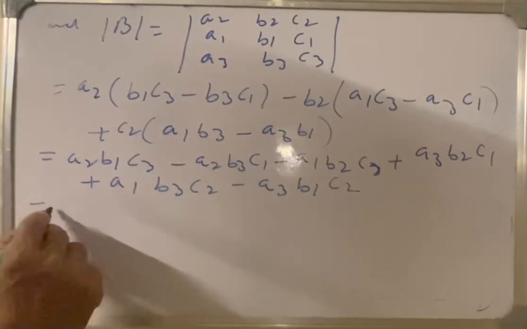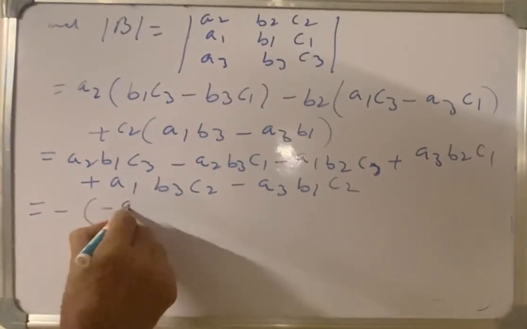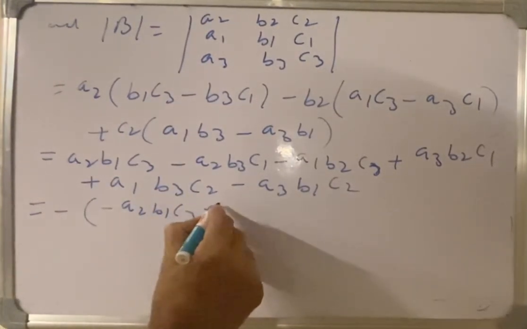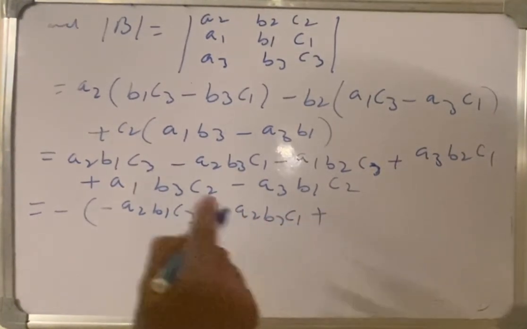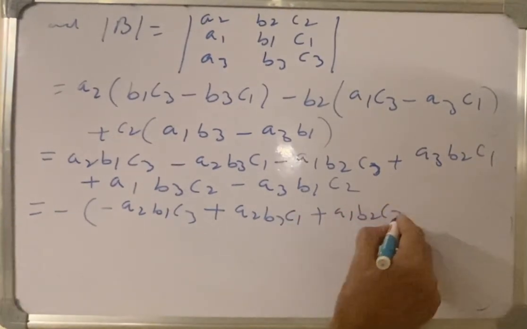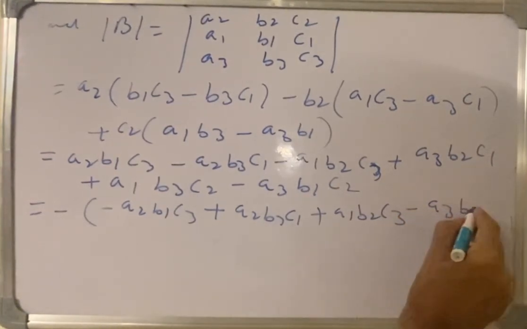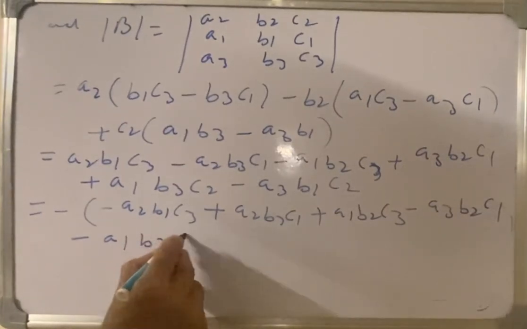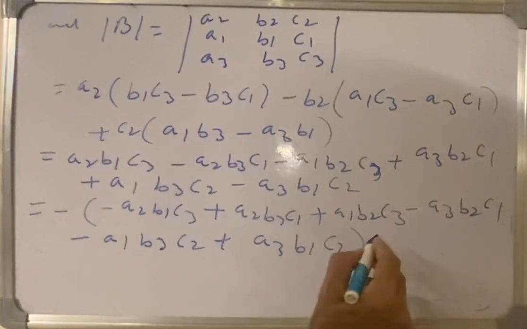Then we take minus common from this: minus (A2 B1 C3 plus A2 B3 C1 plus A1 B2 C3 minus A3 B2 C1 minus A1 B3 C2 plus A3 B1 C2).